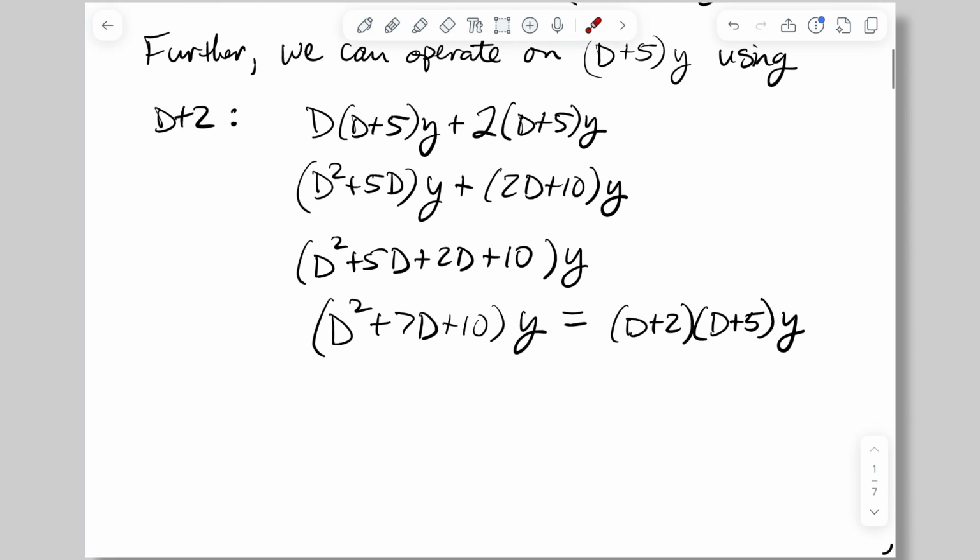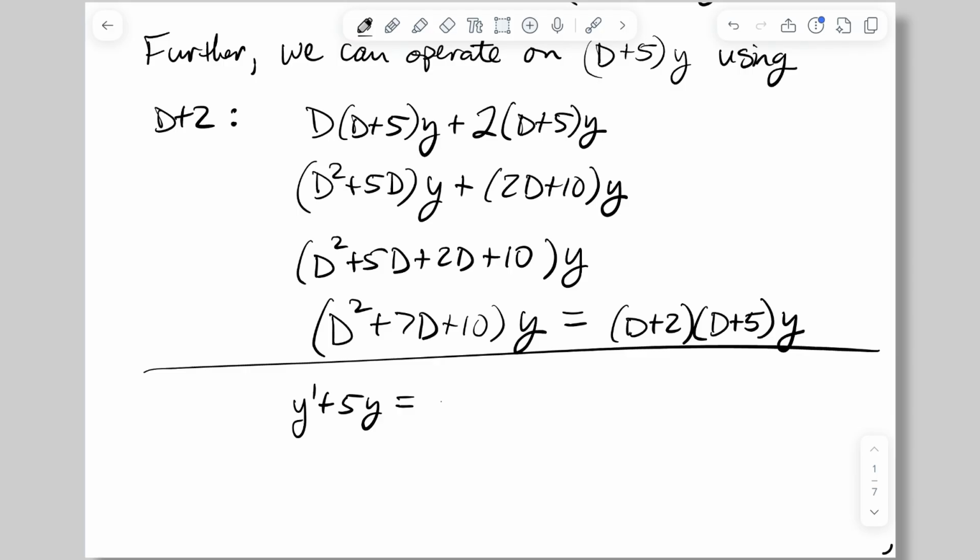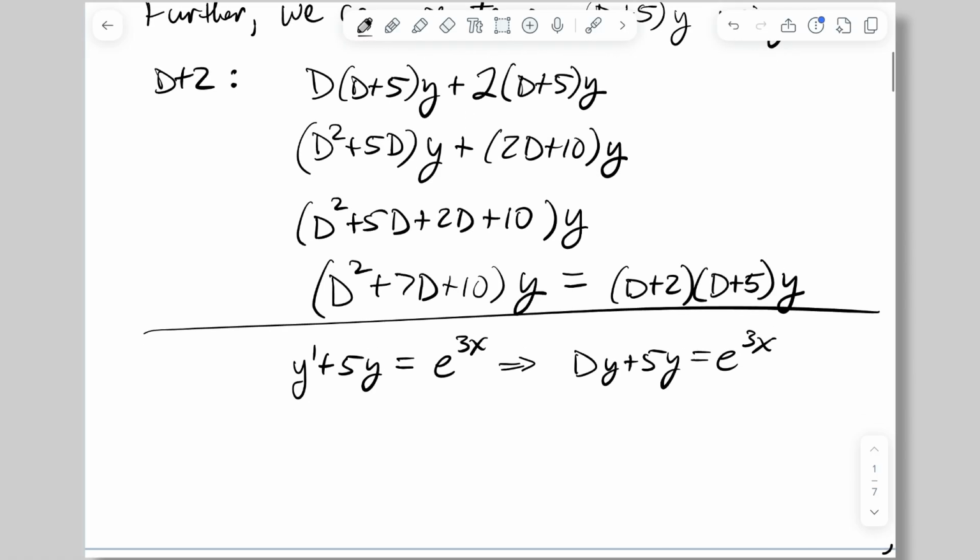Now, part of where we're going to end up going with this is, suppose we have the equation y prime plus 5y is equal to, like, e to the 3x. This can be written as Dy plus 5y equals e to the 3x, or skipping ahead a little bit, D plus 5 acting on y equals e to the 3x.